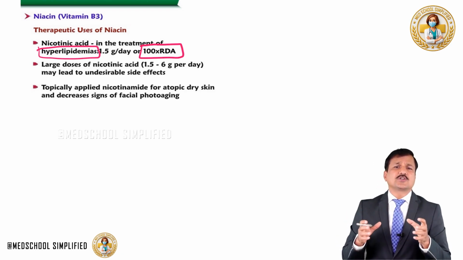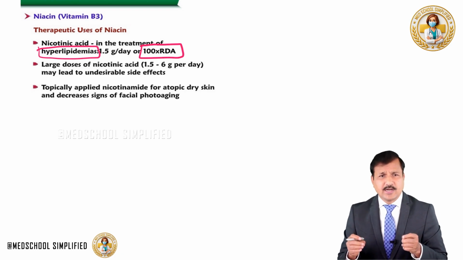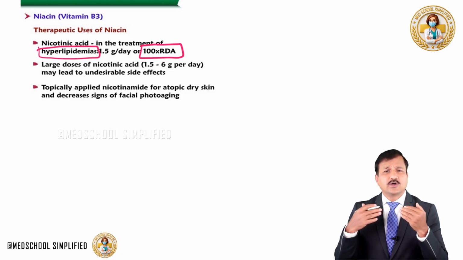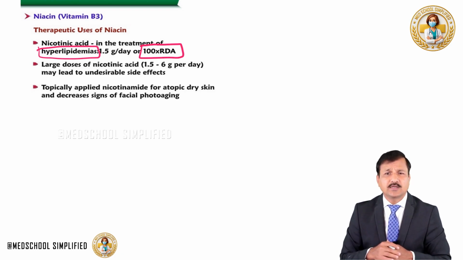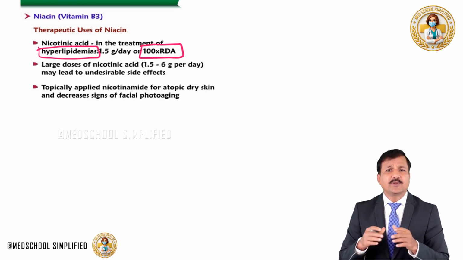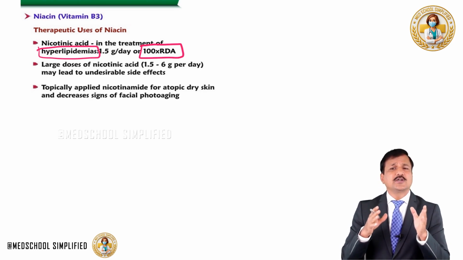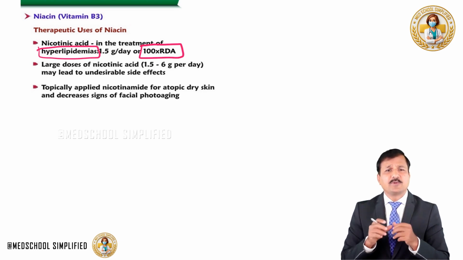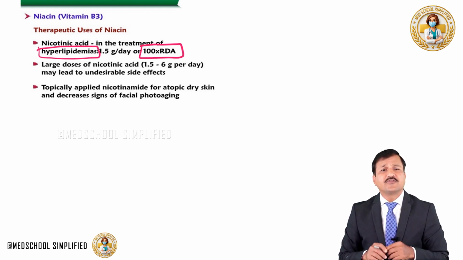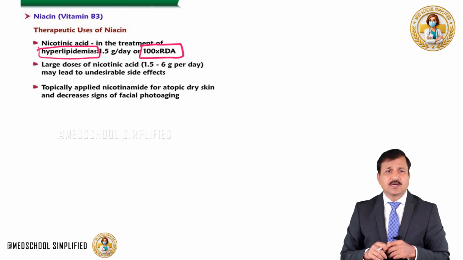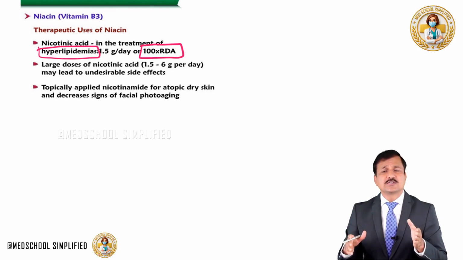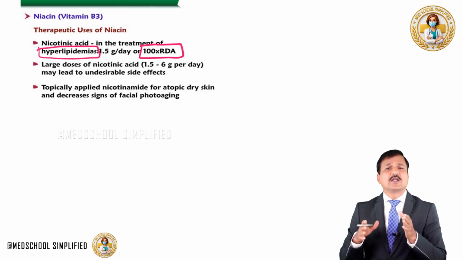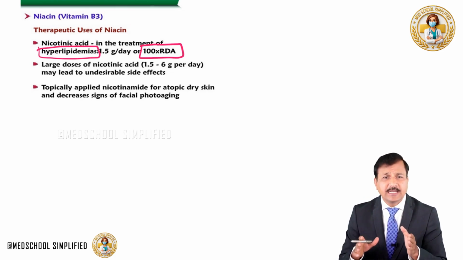We can also use topically applied nicotinamide for a condition called atopic dermatitis or atopic dry skin, and also nicotinamide topical application, in the form of ointment, can decrease facial photoaging, because skin texture changes and the hyperpigmentation process can be decreased.